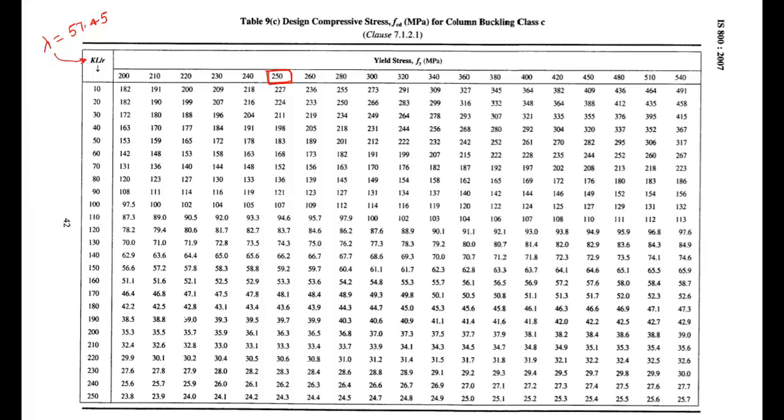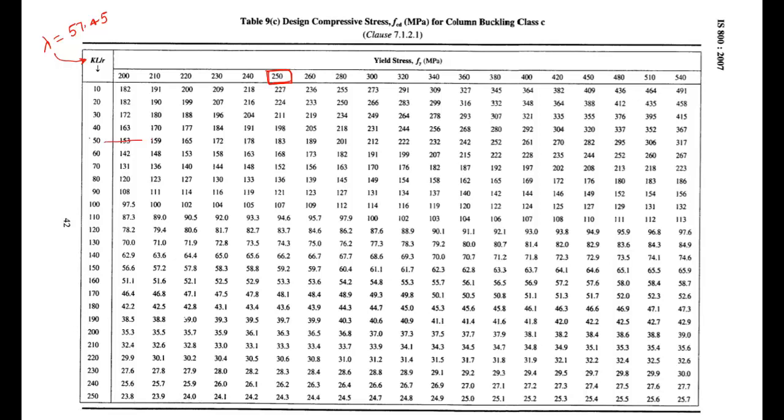Now here, you should find out the FCD value when lambda equals 57.45. Do you have 57.45 here? No, you have the value for 50 and you also have the value for 60. So 57.45 lies in between 50 and 60.